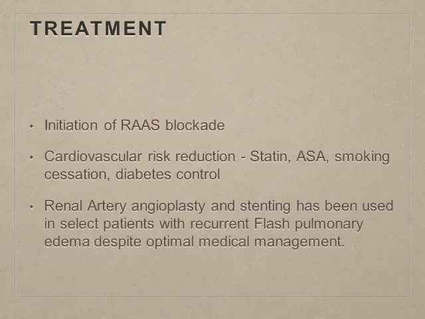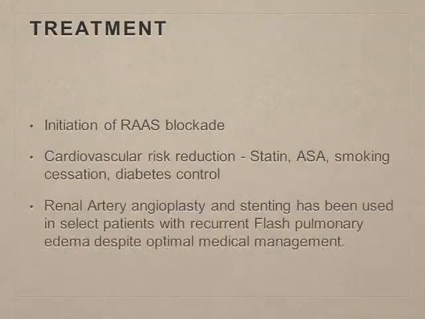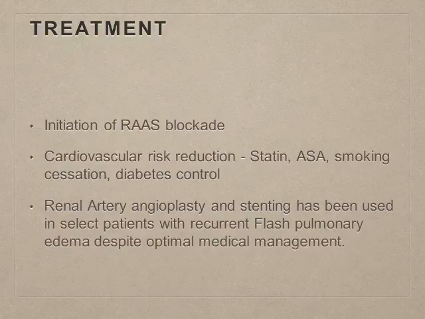Make sure that they're not taking NSAIDs for their back pain, because they helped move some furniture over the weekend and they pop several ibuprofens. You have to really watch them getting dye studies and imaging studies. Anything that can cause acute kidney injury, you don't want to worsen their renal function if they just have one solitary kidney that's functioning like two.